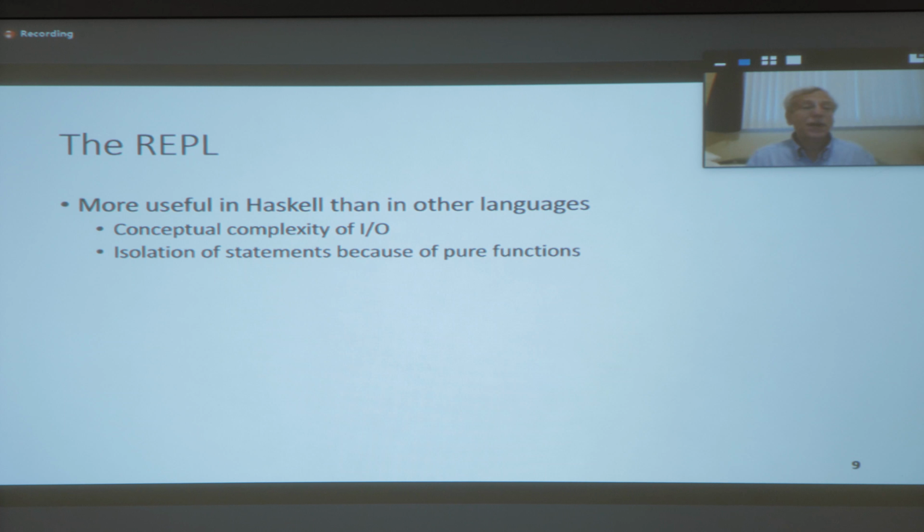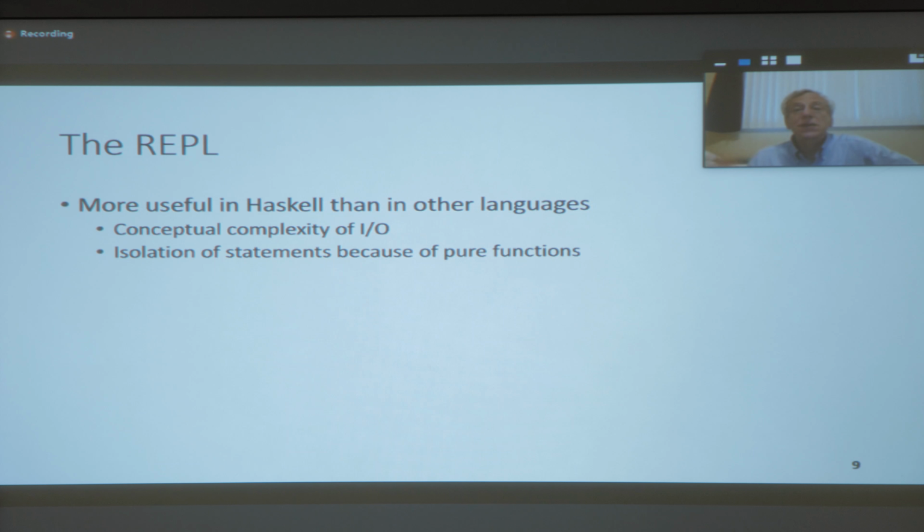Just one note about the Haskell GHCI. I found it more useful than the REPLs in other languages. And there are two reasons for this. One of them is because it bypasses any issues in input and output, which is more complicated in the Haskell language than it is in other languages.